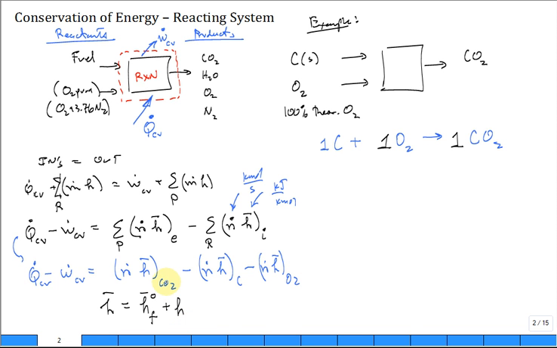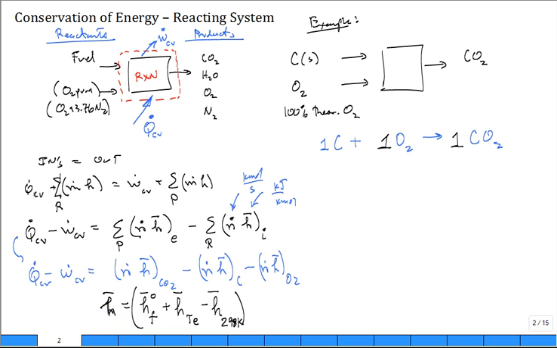This is the carbon dioxide. It's a product. It's going out. It's exiting at the exit temperature, minus the enthalpy at the reference condition, the reference temperature. The reference temperature is 25 degrees C or 298 Kelvin. That's how you expand this one term.